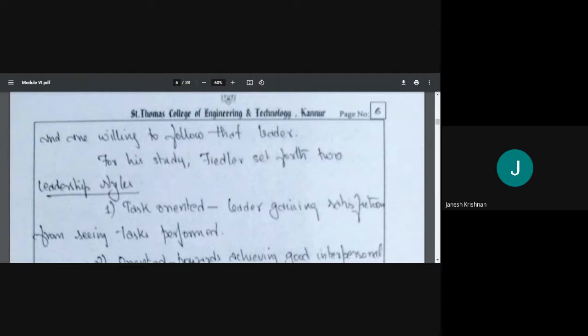This dimension deals with the extent to which people like and trust the leader and are willing to follow them. So those are the dimensions of leadership. Don't get confused when a question comes up. Mark and write accordingly.